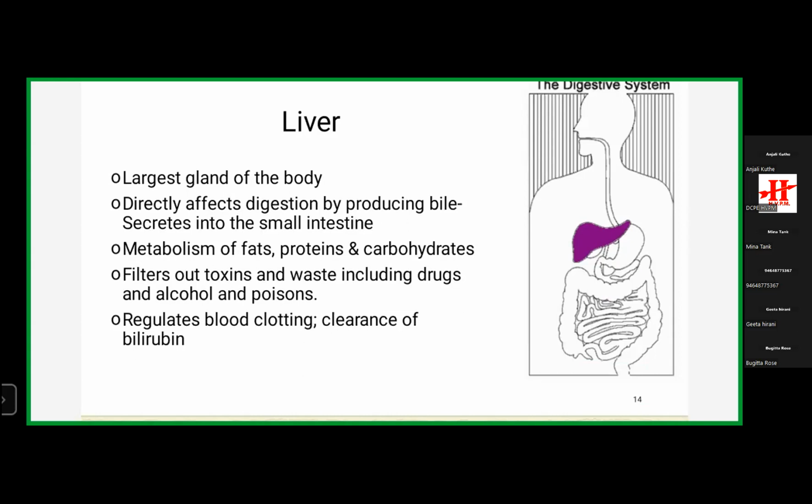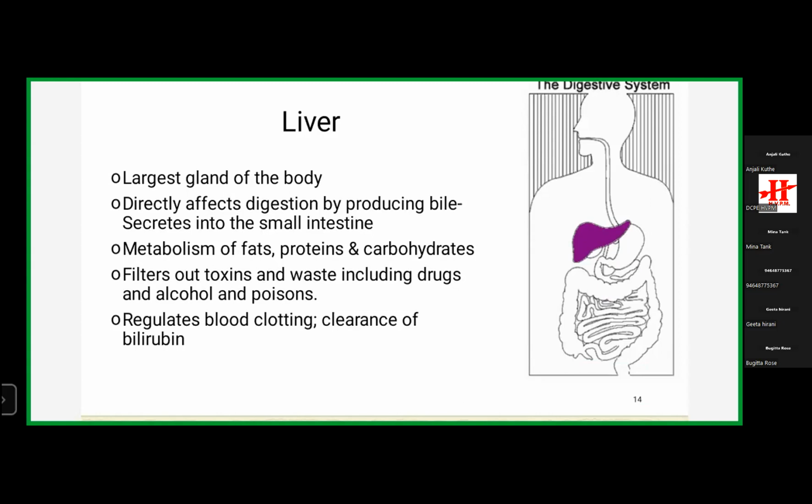Regulation of amino acids is also an important function. Amino acid level is kept normal in our bloodstream because these are certain types of proteins and they are very important for the digestion of proteins, and their level is maintained by our liver.